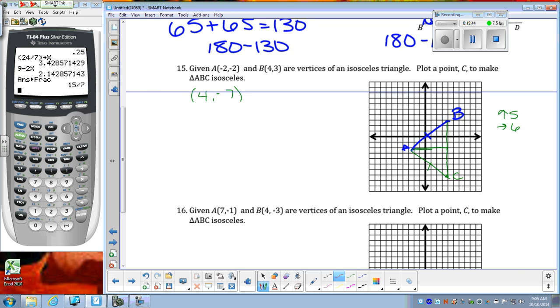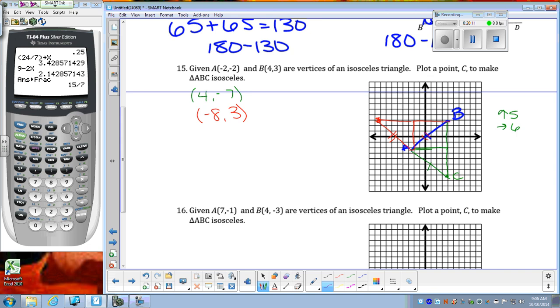To continue using point A as my vertex, I also could go up 5, and instead of going this way 6, I could go left 6. I have another point C right there, in which case those two are congruent. That point is the point -8, 3.